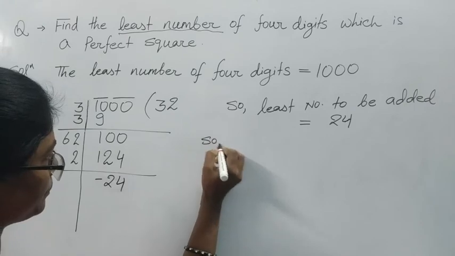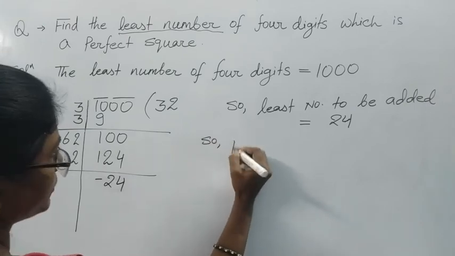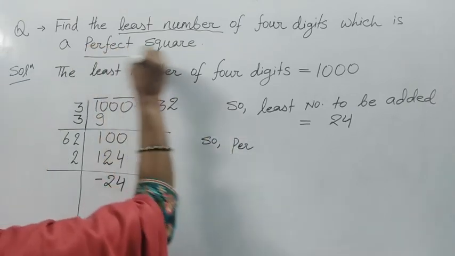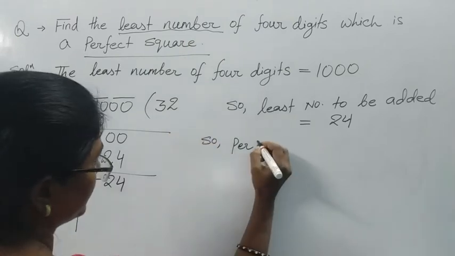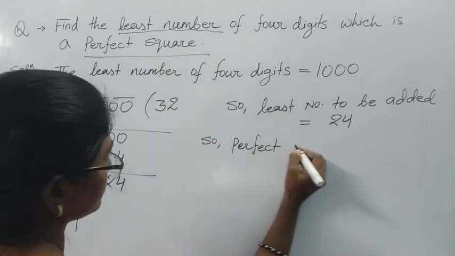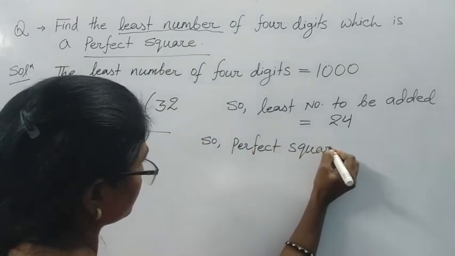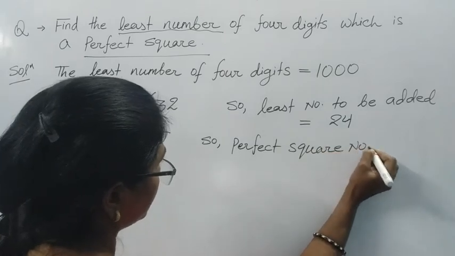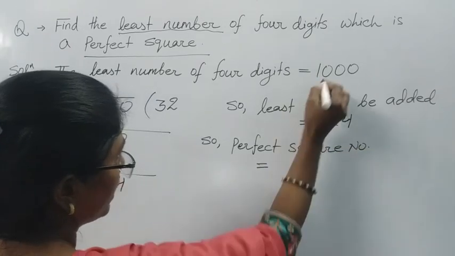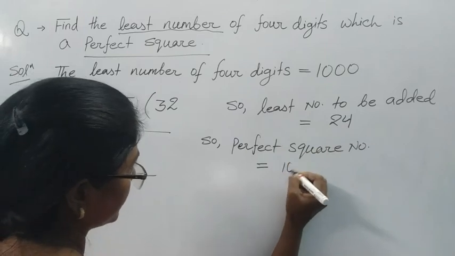So perfect square हमें क्या प्राप्त करना है? Find out करना है perfect square. Perfect square number is equal to 1000 में 24 add करेंगे.